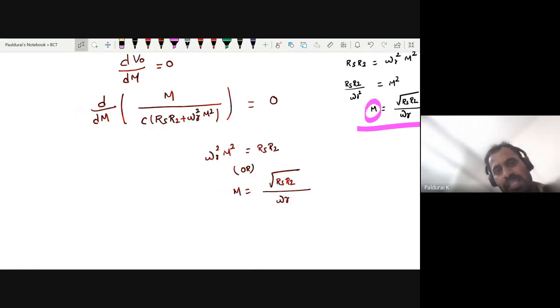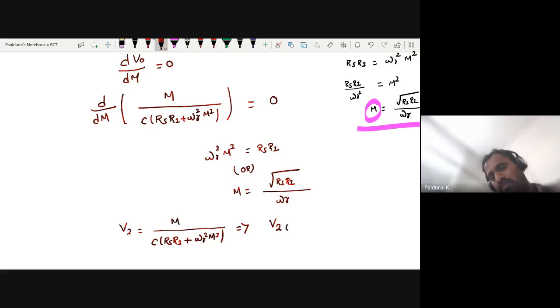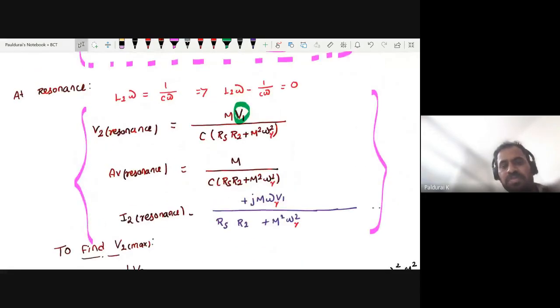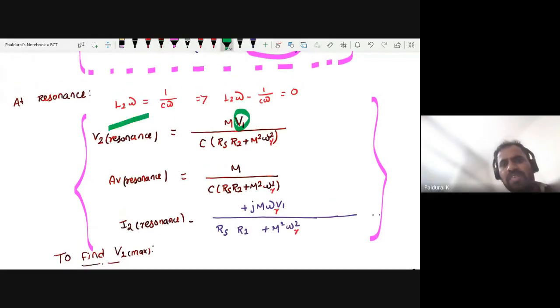Now at this condition, what is the value for V2? V2 equals M times V1 divided by C times Rs R2 plus omega R squared M squared. Now substitute this M value here. From this, what is the maximum voltage gain? This is actually AV, the voltage gain formula. Or otherwise, just take the V2 output voltage formula, then we will come to gain.